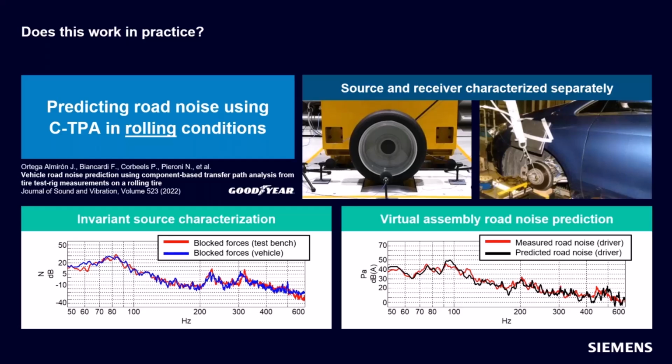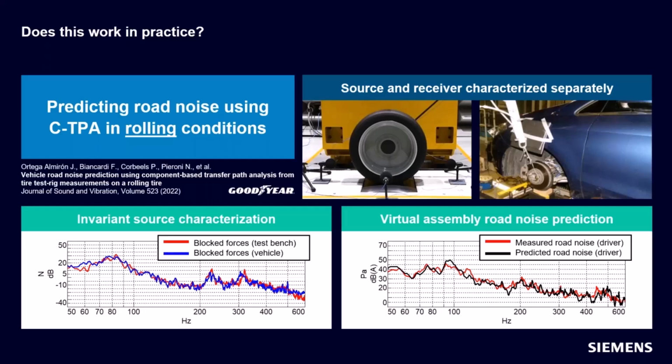So if we use that invariant source characterization and we build it up into a full virtual prototype, and we make a prediction about using this tire and wheel combination on this independently characterized suspension and body, what will the driver's ear microphone noise be if we drive this down the road? And you see measured versus predicted.